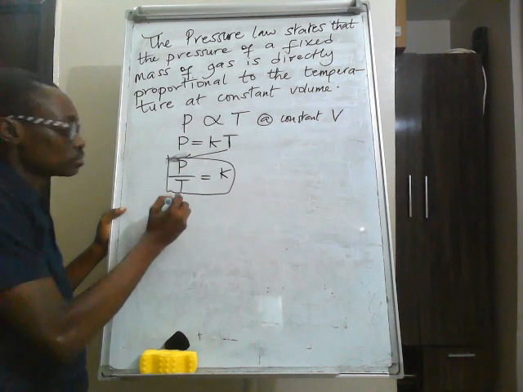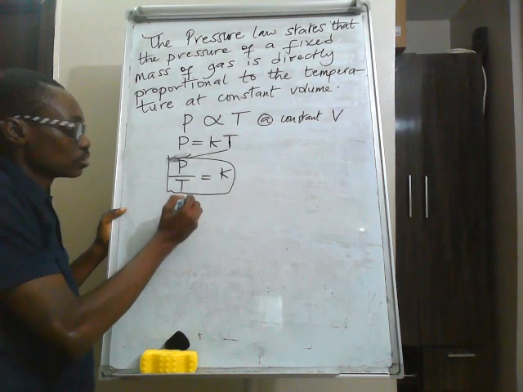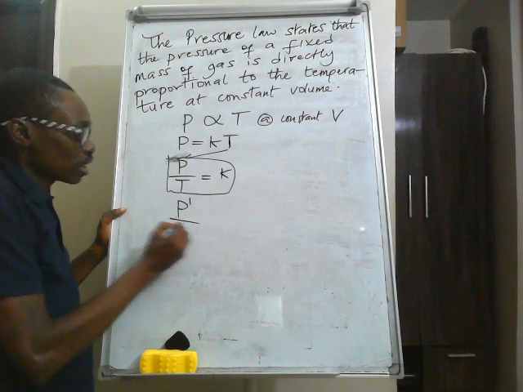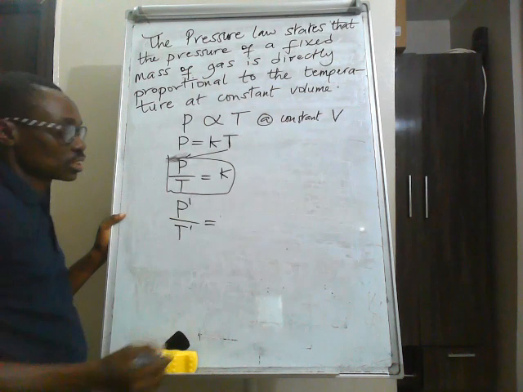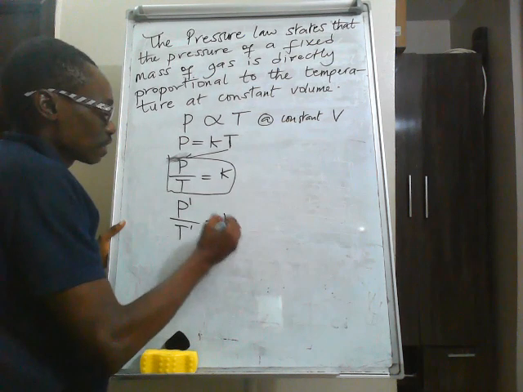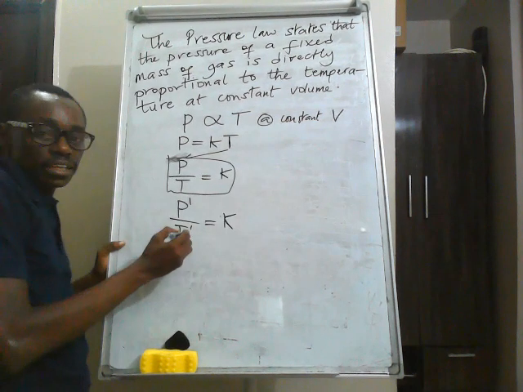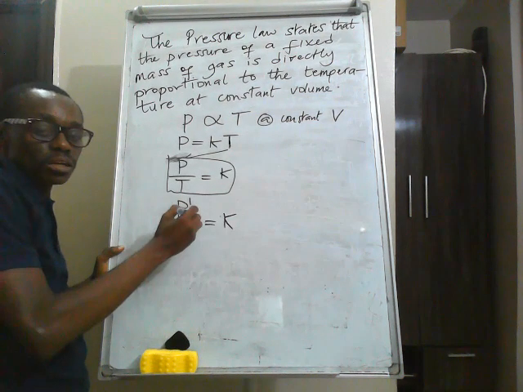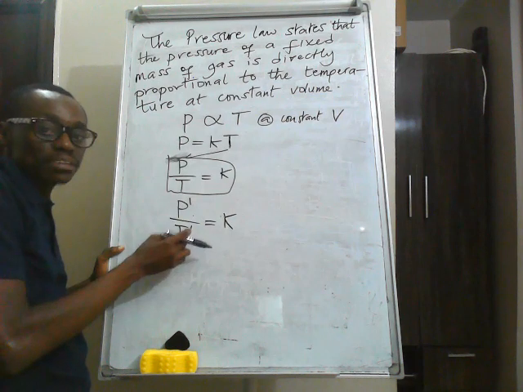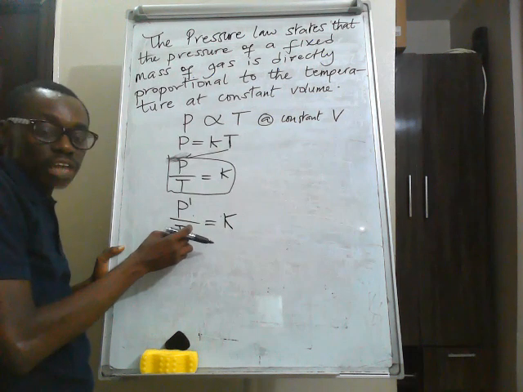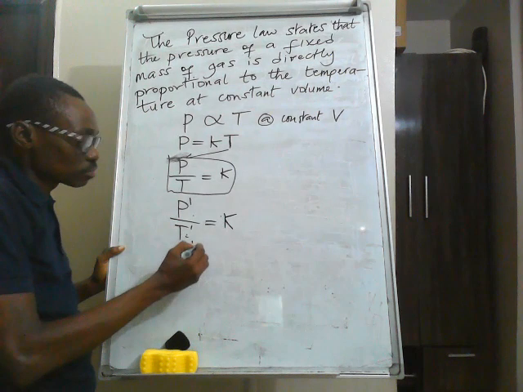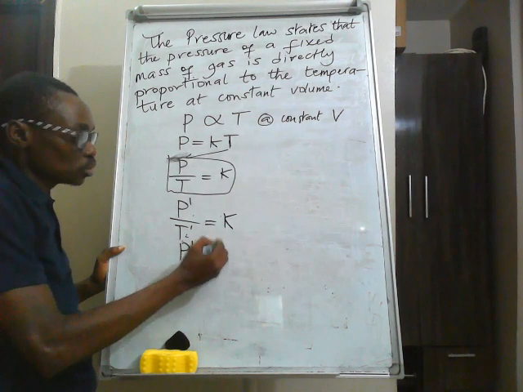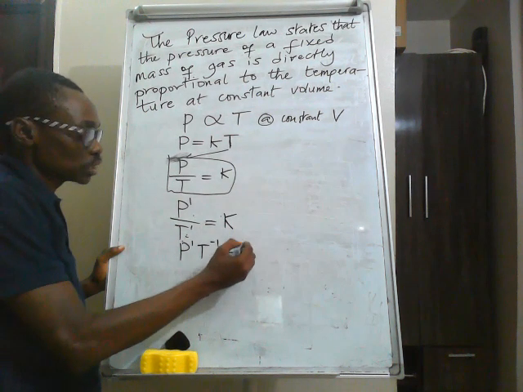So from here, P raised to power 1 all over T raised to power 1 is equal to K. Then this T is going to come up. When it comes up, the power becomes negative. The power is plus 1 right now, but it's going to become minus 1. So you have P raised to power 1, T raised to power minus 1 equals K.